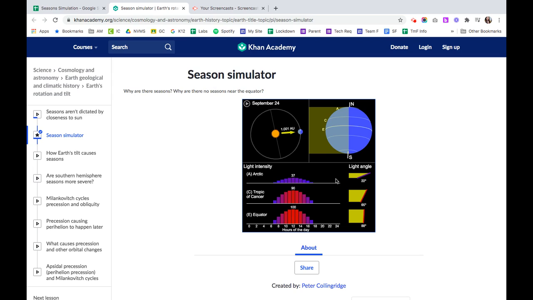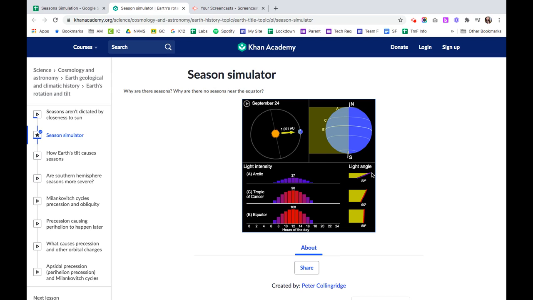For the Arctic Circle, on the other hand, the angle of light is really, really low. This means that the light intensity is also very low because the light is spread out over a larger area, just like your lab. When we got to the 22.5 degree angle, the area of light that got lit up was huge.